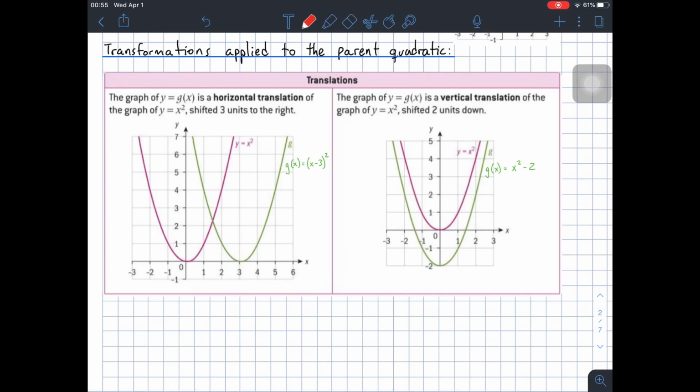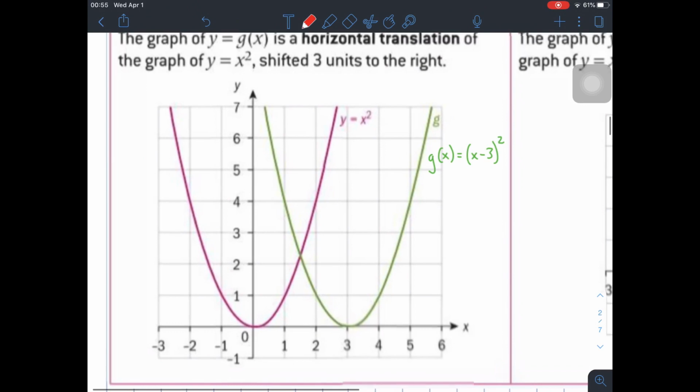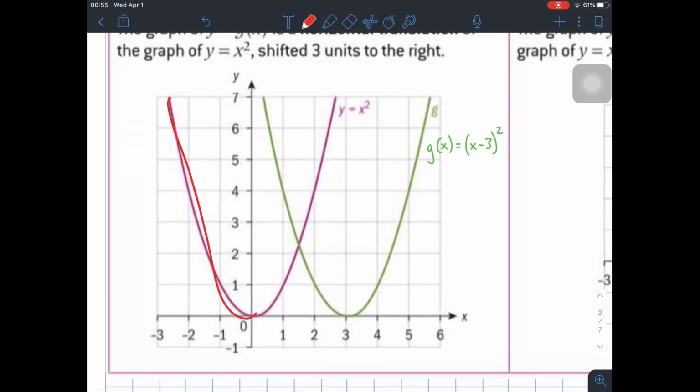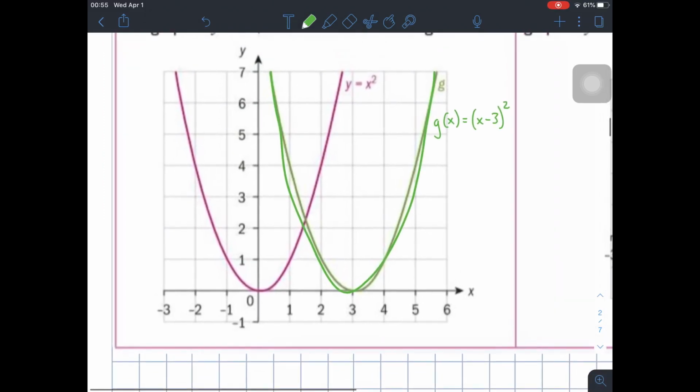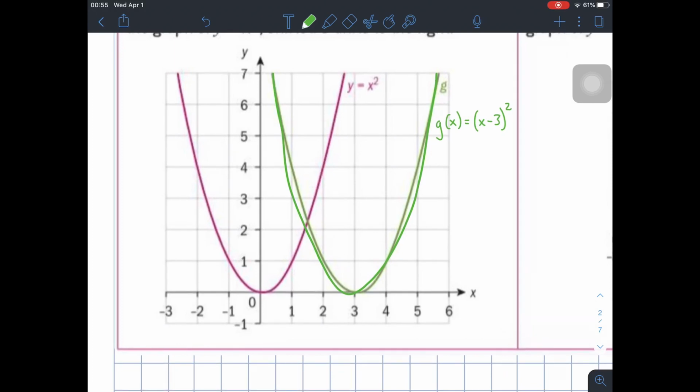It says the graph y equals g of x is a horizontal translation of the graph y equals x squared shifted 3 units to the right. So you see here we have the parent function y equals x squared, and the green function, you see that it is translated 3 units to the right, right? An easy way to see this is by comparing the vertex of both parabolas.